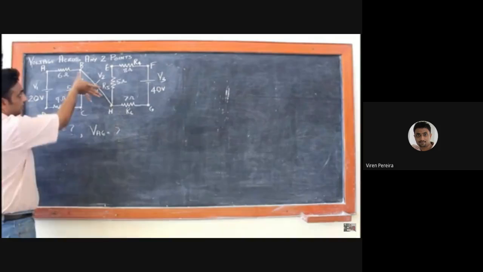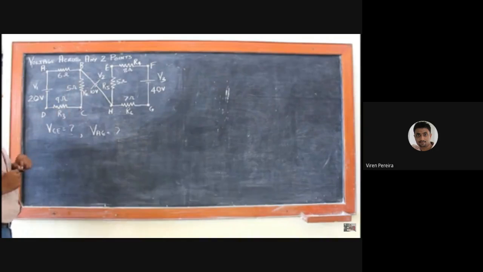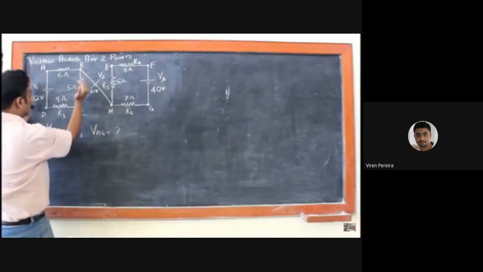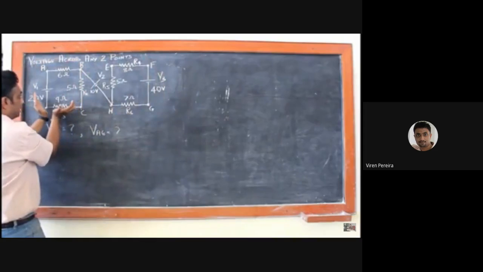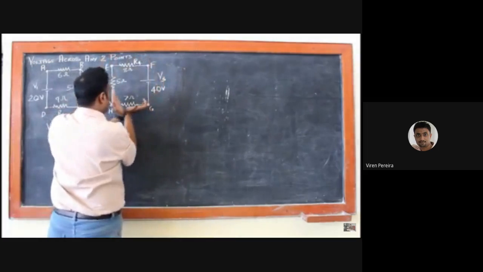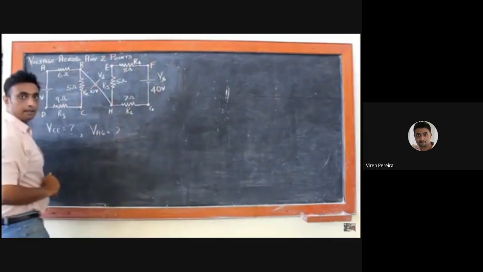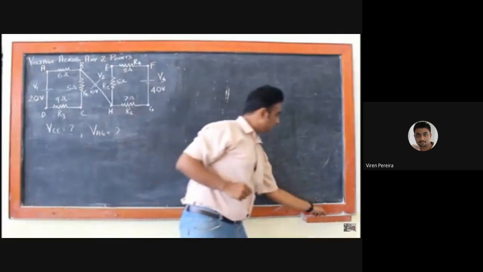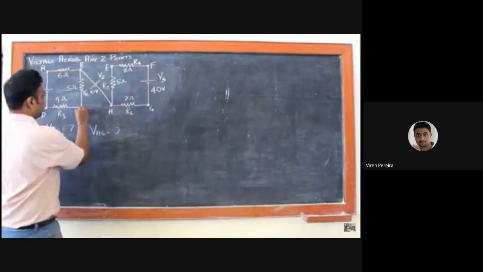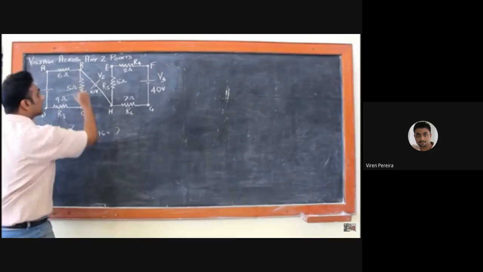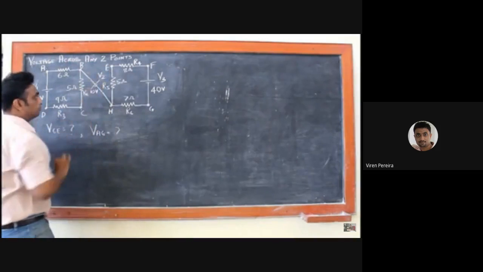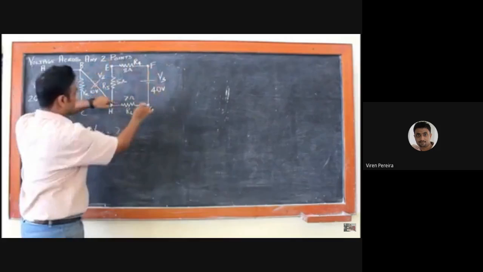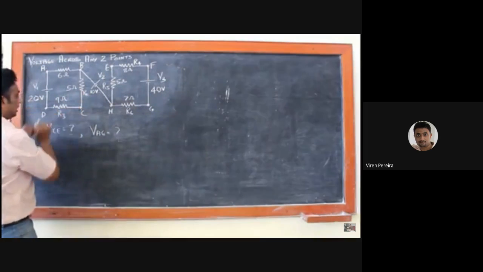So if there is no continuity for the current to flow through this voltage source, I can basically isolate this circuit and I can isolate this circuit. So this circuit will be totally independent and this circuit also will be totally independent. However, if there was a short between C and H, then there will be a continuity. Then obviously there will be a loop. But since there is no loop here, I can take this whole circuit independently and this whole circuit independently.